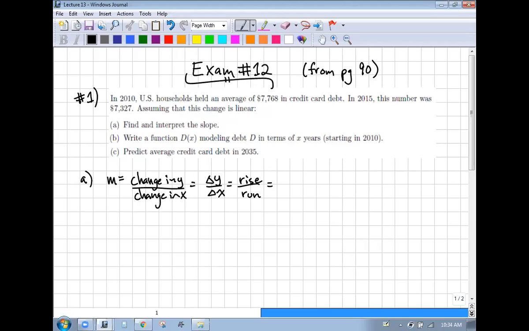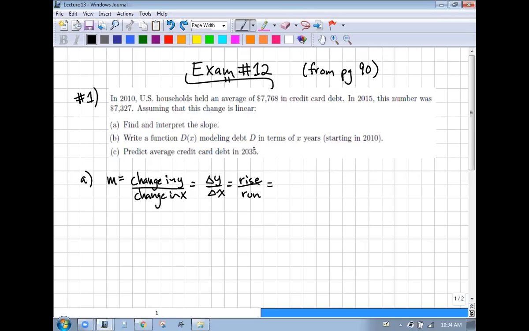In this case, the input, your x, would be time. As time passes, in this case, we're looking at a 5-year change in time, how does the credit card debt change? So the top is the output. The change in y would be the change in the debt, and the change in x would be the change in the time.